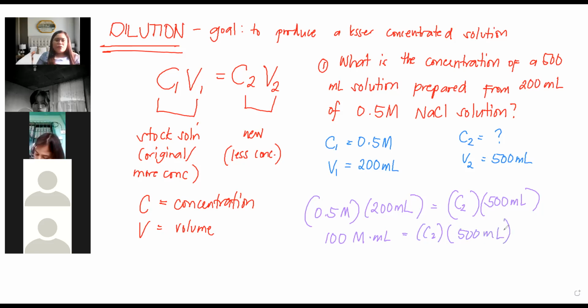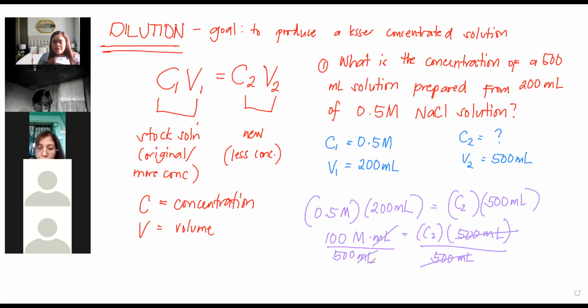Now, to get the C2, we need to isolate it. So, let's divide both sides sa 500 ml. We don't transpose. Hindi tayo nagta-transpose dito na ililipat natin si 500 ml sa kabila. No. We only do transposition if the operation is either addition or subtraction. But since this is multiplication, let's divide both sides sa 500 ml and let's cancel it.